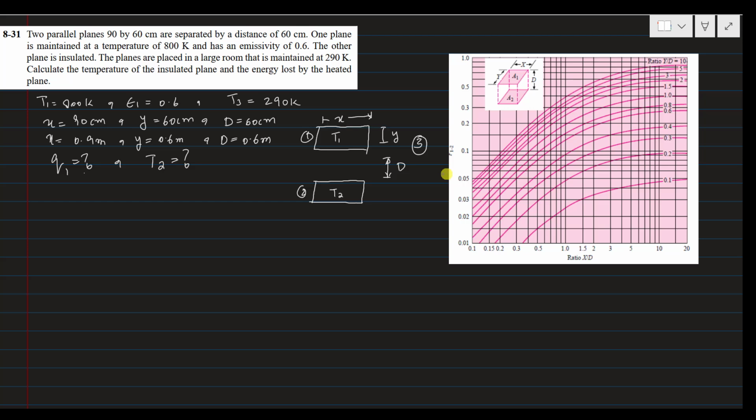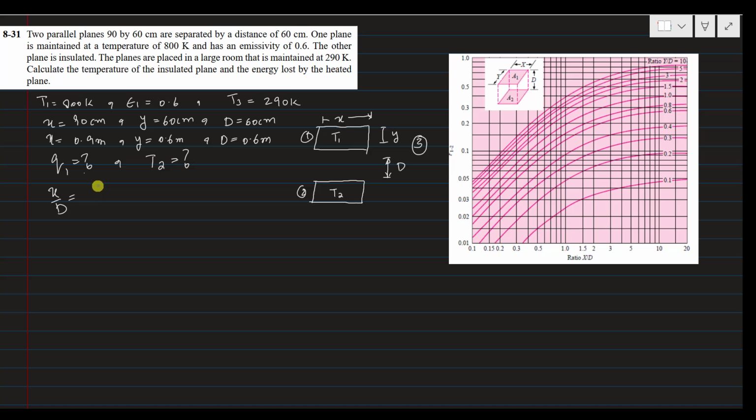To find F12 from this graph, you need to find the x by d ratio and the y by d ratio, and where these coincide with each other you will get the corresponding shape factor F12.